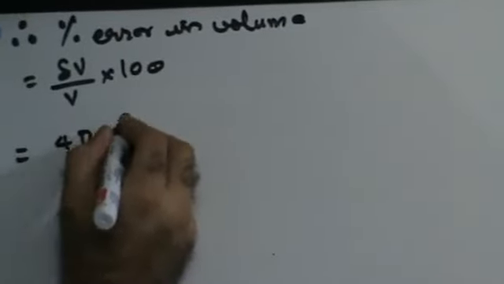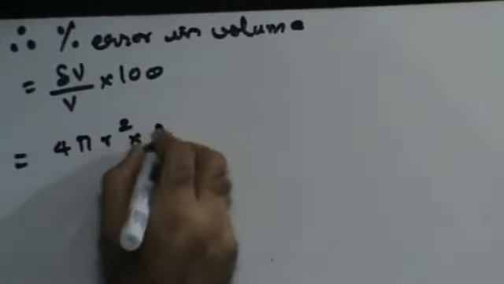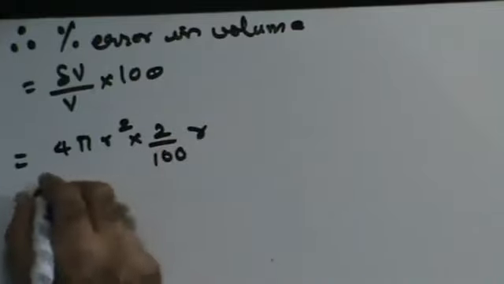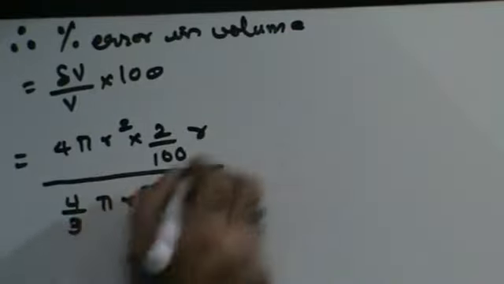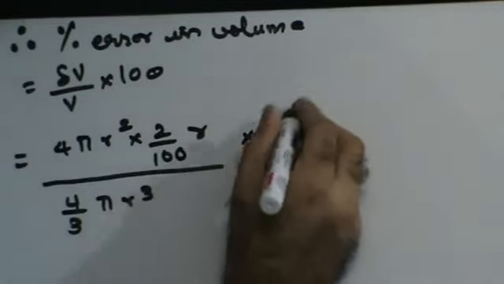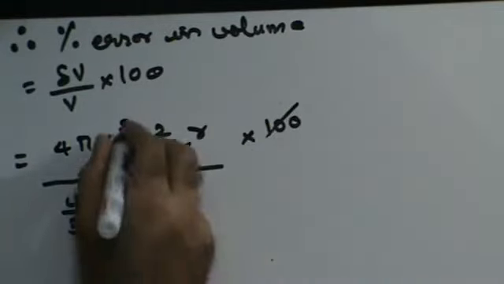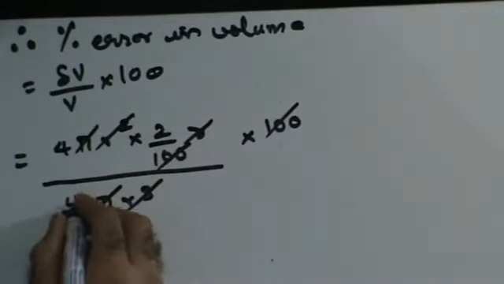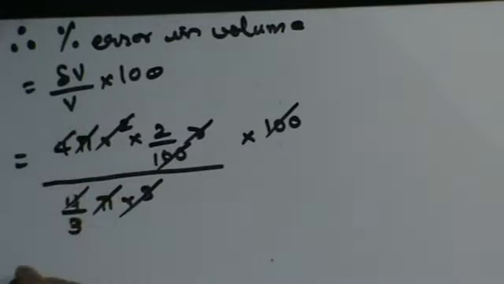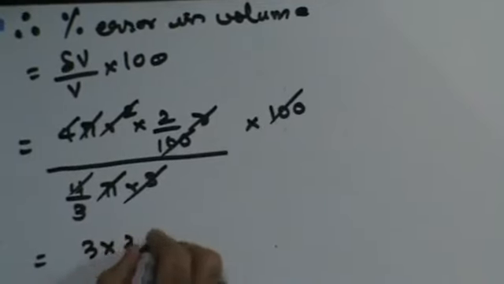Delta V you found out as 4 pi r square into 2 upon 100 r, upon V, 4 by 3 pi r cube into 100. 100 gets cancelled, r cube gets cancelled, pi gets cancelled, 4 and 4 get cancelled, denominator of denominator becomes numerator. 6%.